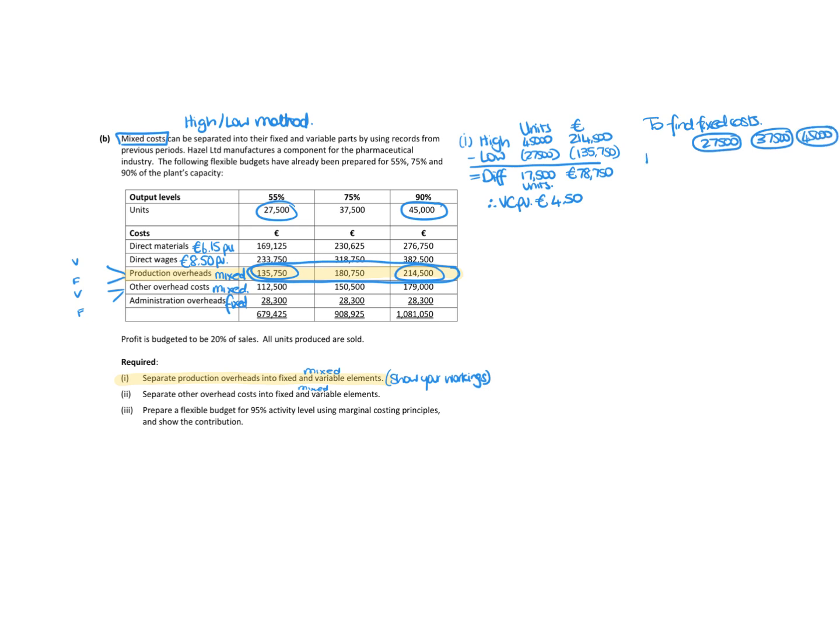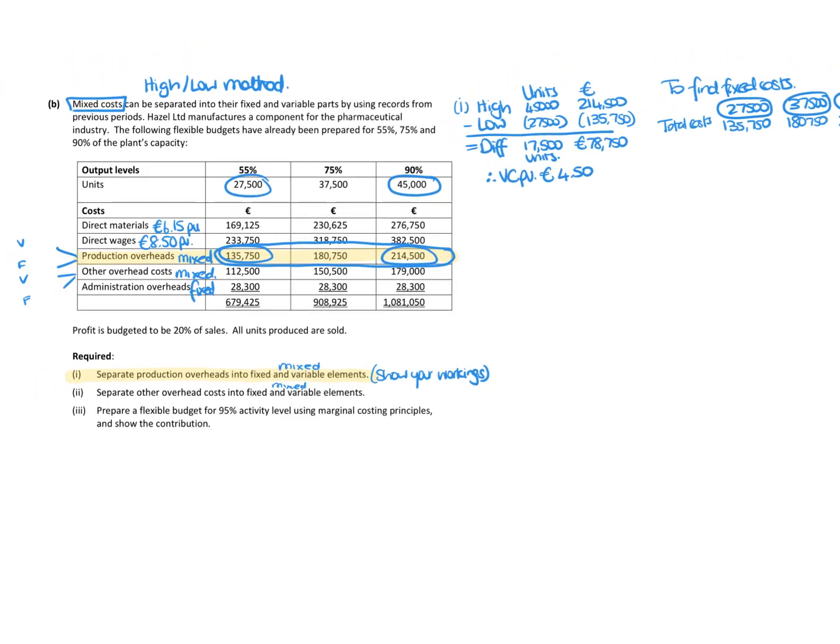So total costs, we're going to have 135,750, we're going to have 180,750, and we're going to have 214,500. Okay, so that's the total cost there for the production overheads.